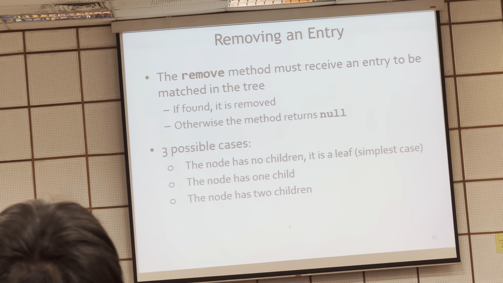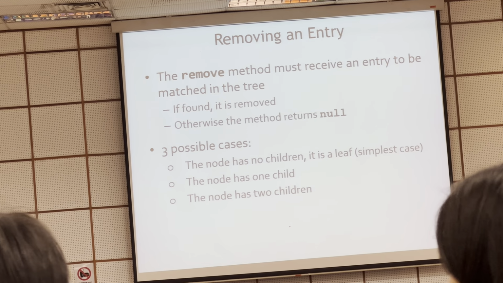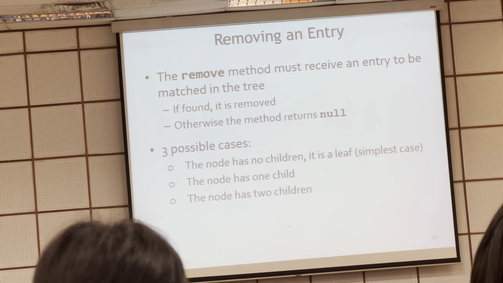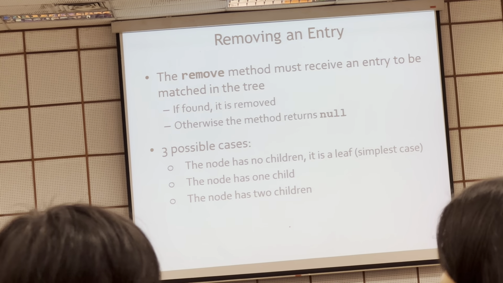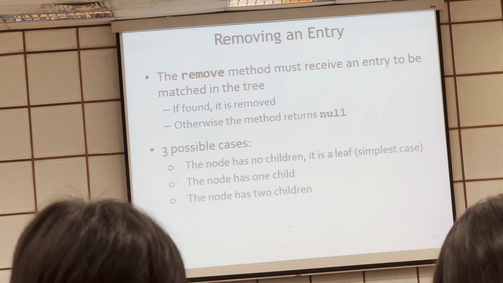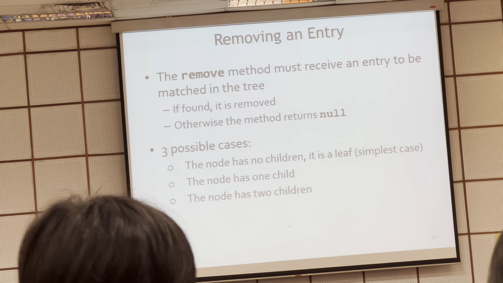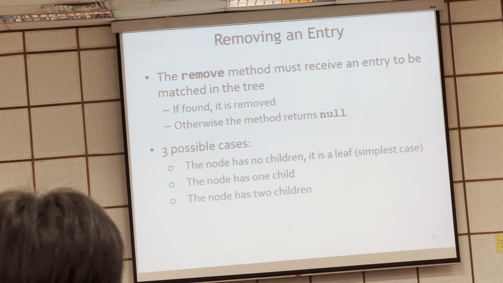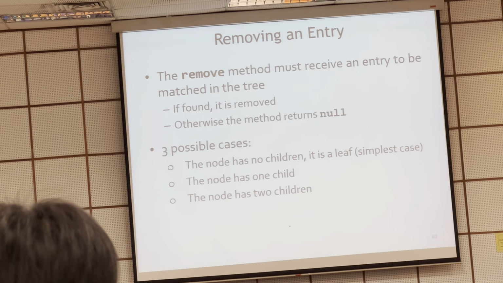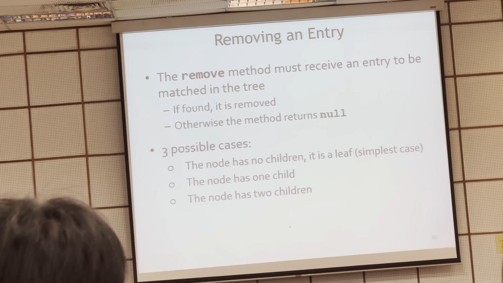So for example, say I have a node here. If I want to remove a node with no children, a leaf node, how do you remove it? Okay, so I can just remove it. Now, how do I remove a node with one child?